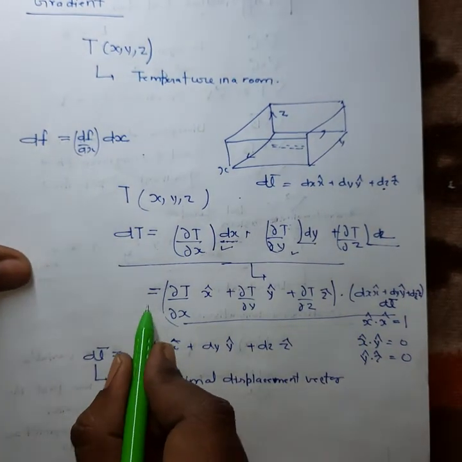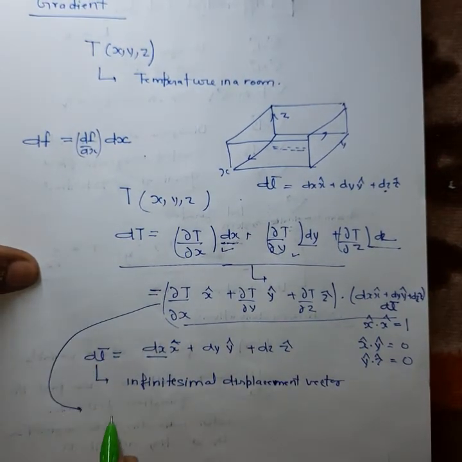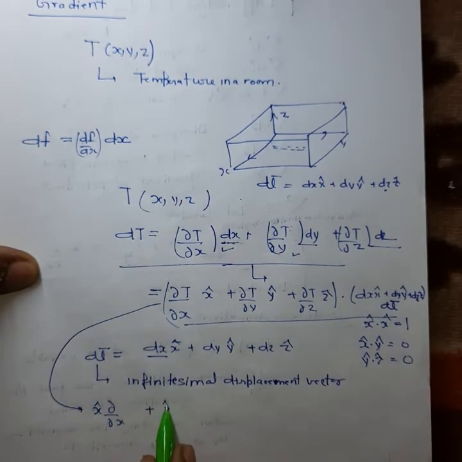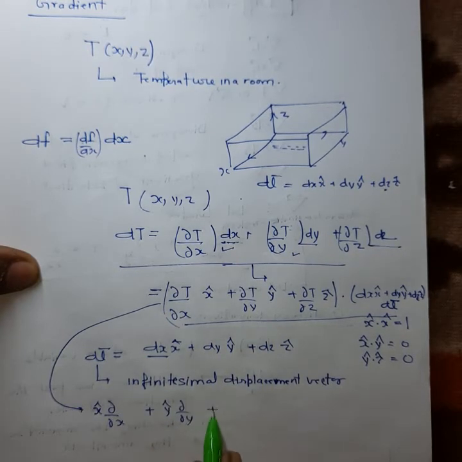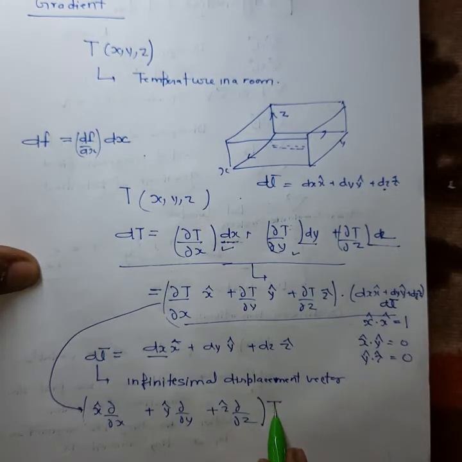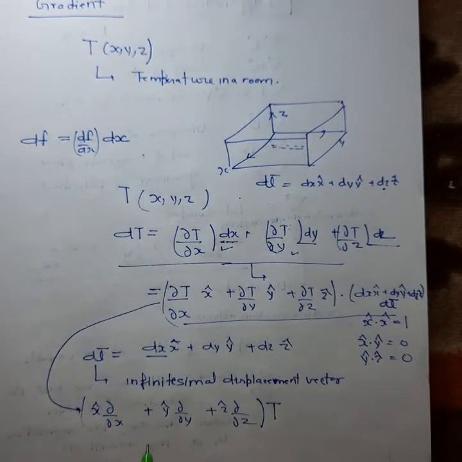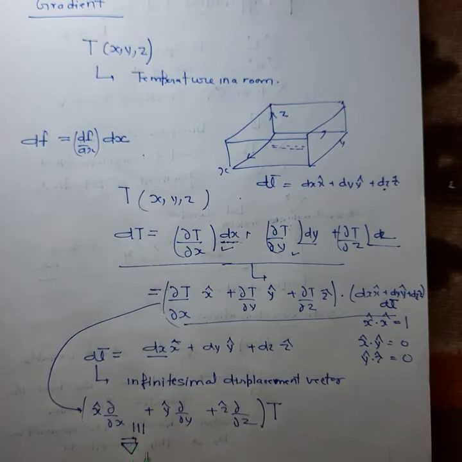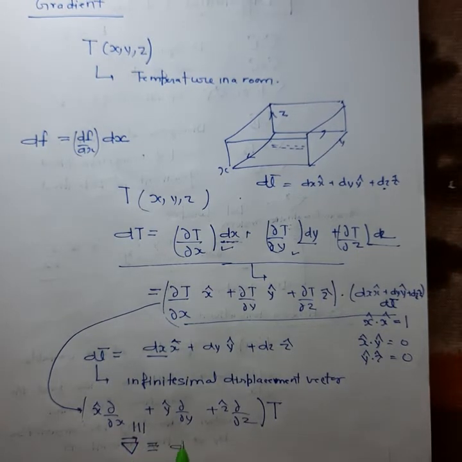And this can be written as del by del x x cap plus y cap del by del y plus z cap del by del z, multiplied by T. This is called the del operator.